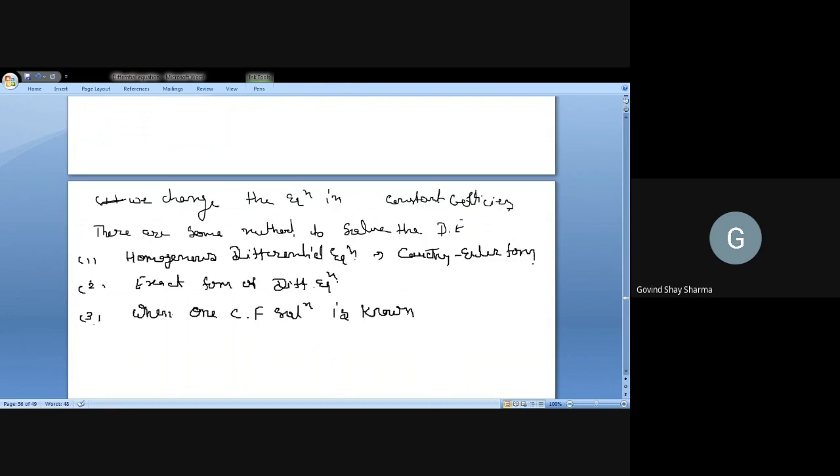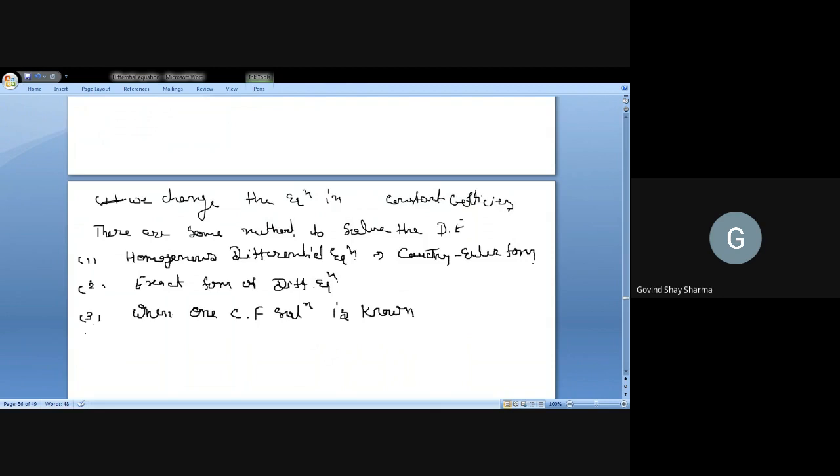Here one CF solution is given like y equals e to the power x. In the exam, they write that y equals e to the power x, or x square, or e to the power 2x is one solution of the differential equation. Then we have to find the other solution of the differential equation.